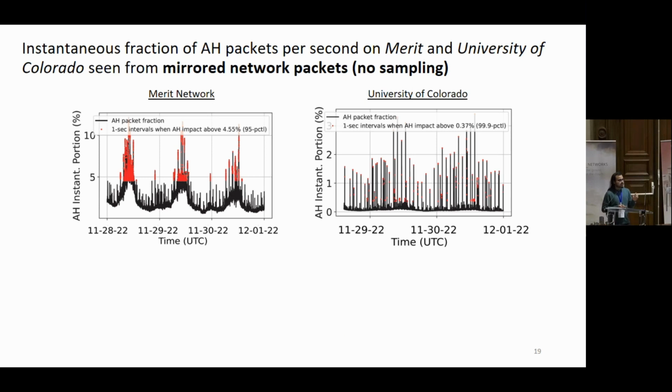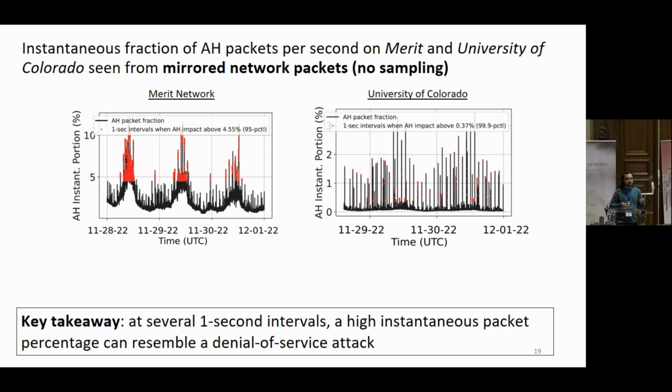The red dots in each figure represent 1 second intervals where the aggressive hitter impact was high. So the key takeaway from these figures is that there are several 1 second intervals where we observe high instantaneous percentages of aggressive hitter packets, and this can resemble a denial of service attack.